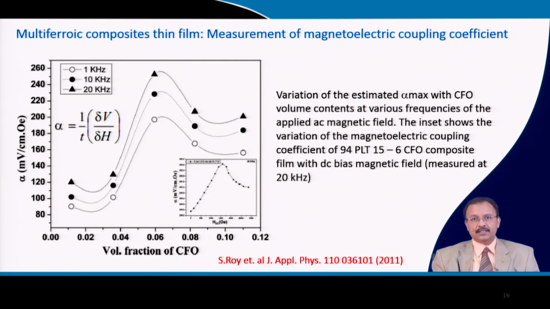I decided to include these two topics, ferroelectric thin film and multiferroic, in this lecture because my research group, and personally myself as a student, did a lot of research on this. This whole study was part of the results of one of my PhD students.